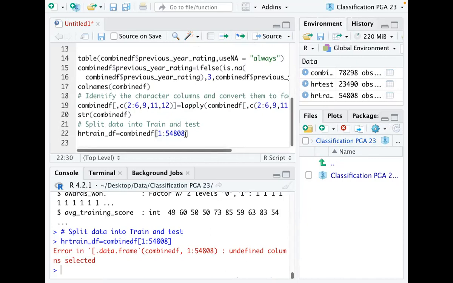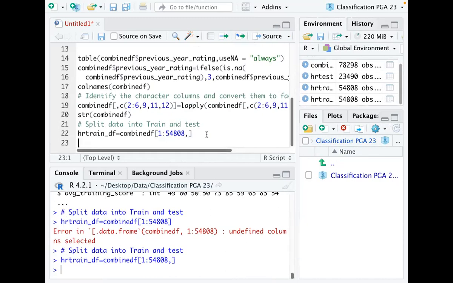Oh, sorry, I forgot the comma. HR test underscore df is equal to combined df square bracket 54809 colon 78298, comma.